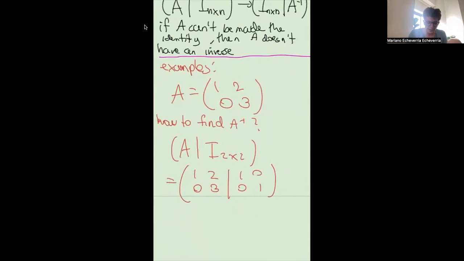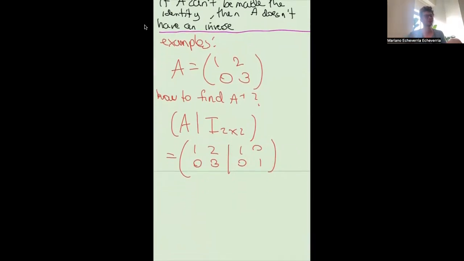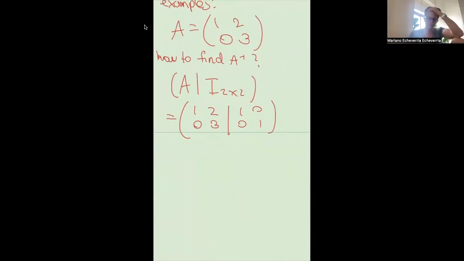It's because secretly this is two systems of equations: this matrix with this vector, and this matrix with this vector. We're doing two at the same time to save ourselves some time. How do you row reduce here? Well, this column is already good to go. That's nice. But what about this column? I want a 1 here, so I need row 2 over 3.